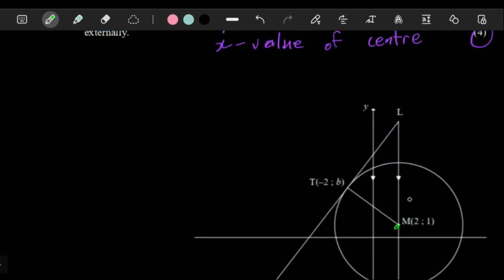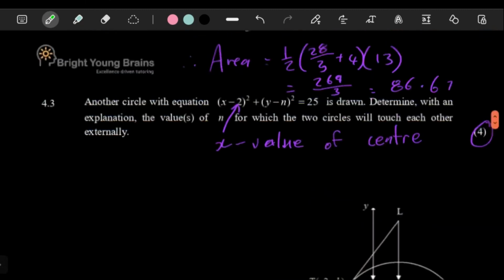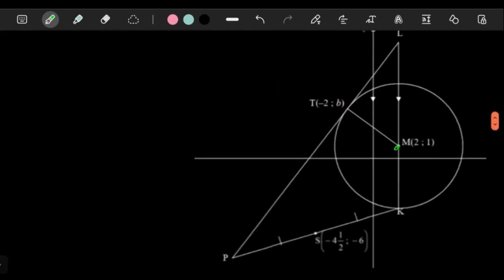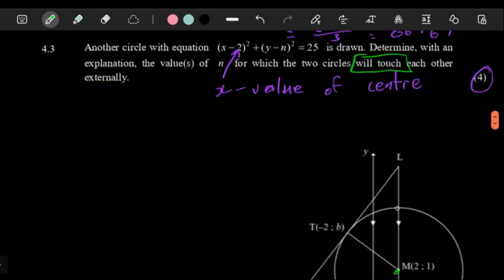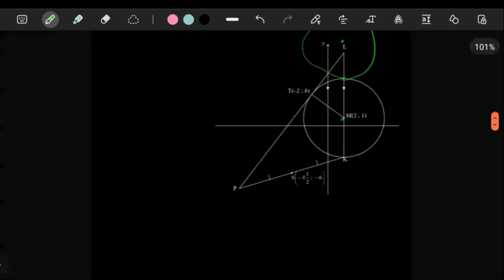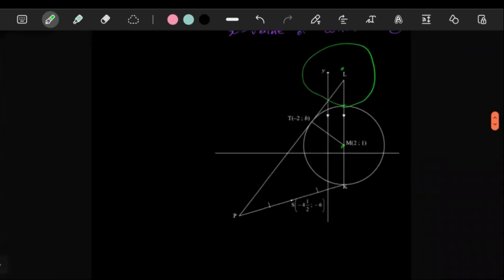So the idea is, if we're going to work out the value of n for which the circles will touch each other, we have to keep in mind that the first time they will touch is when the one circle is over here with the center somewhere there, or when it is down all the way here, you will still have a specific center somewhere there.